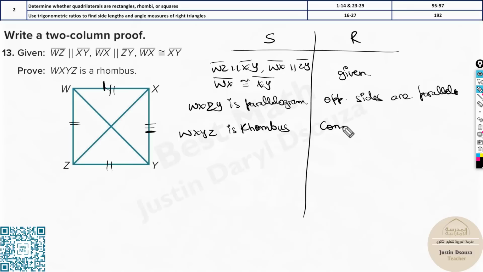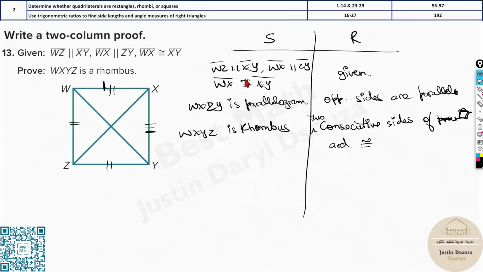Because two consecutive sides of a parallelogram are congruent or equal to each other. So this is two consecutive sides of a parallelogram, and they are congruent or equal to each other. So hence proven. That's it.